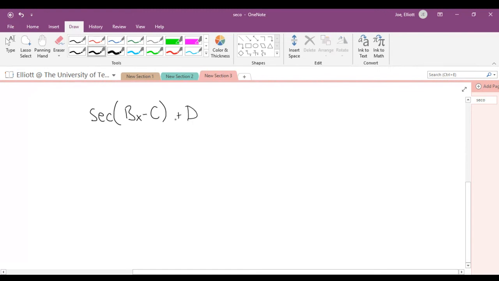And I guess this is about the most general secant function you could possibly see, I would like to think, at least in this class. So for this secant function, if we want to know what its period would be, the formula for the period is the same as for cosine. It's 2 pi over b. B is the coefficient of the x.